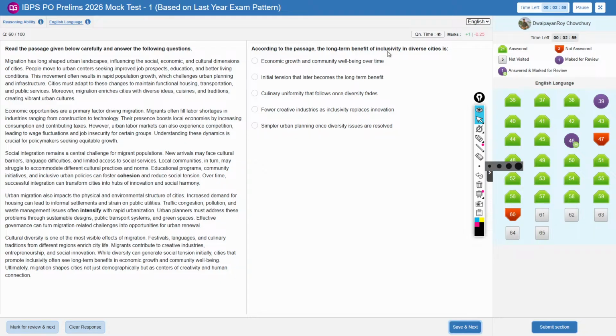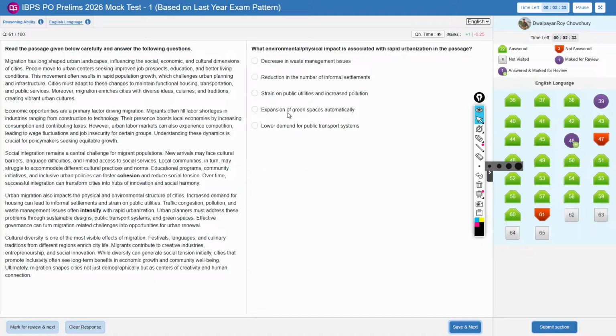According to the passage, what is the long-term benefit of inclusivity in diverse cities? So economic and community well-being over time, yes. Cultural uniformity follows, few creative, simpler initial tension.